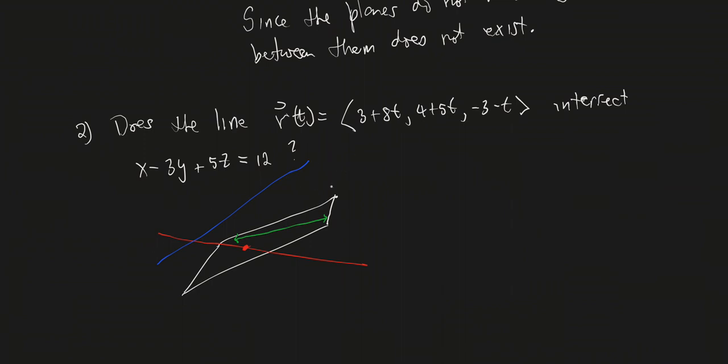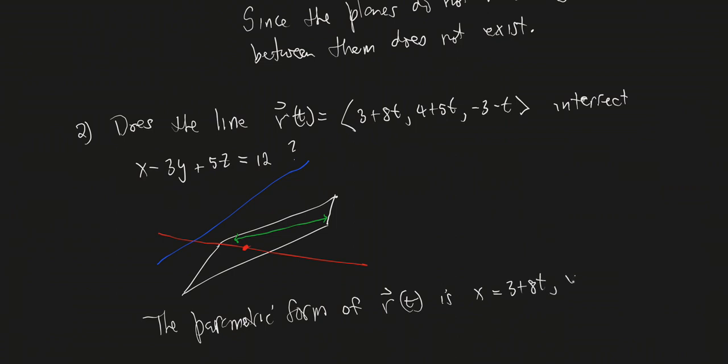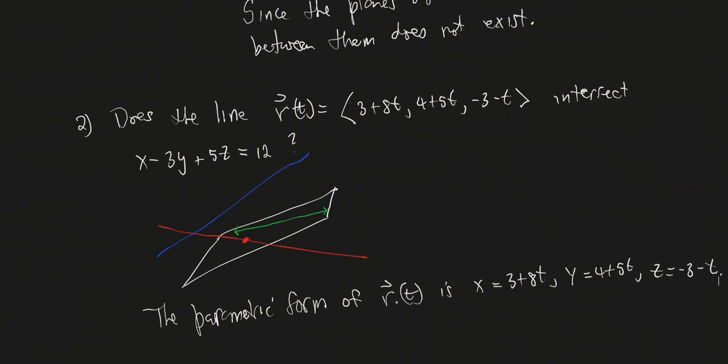Well, if you think about it, the parametric form of r of t, let's write the three components separately. So x equals 3 plus 8t, y equals 4 plus 5t, and z equals negative 3 minus t. Think about it.